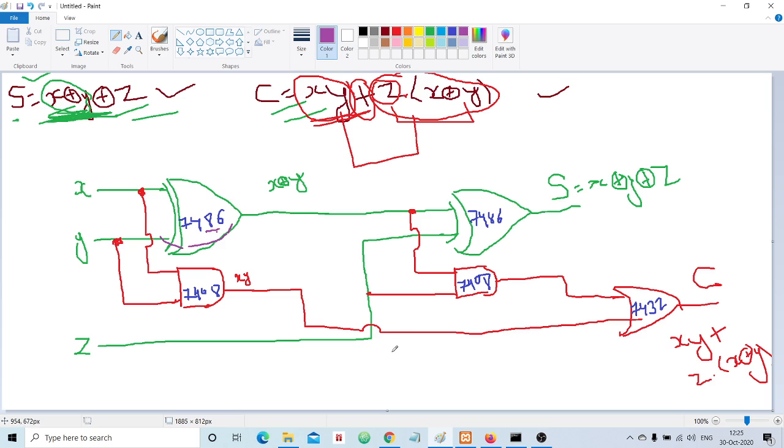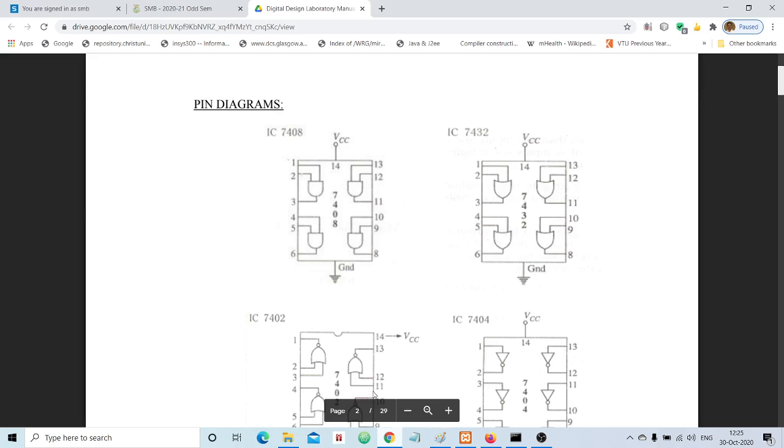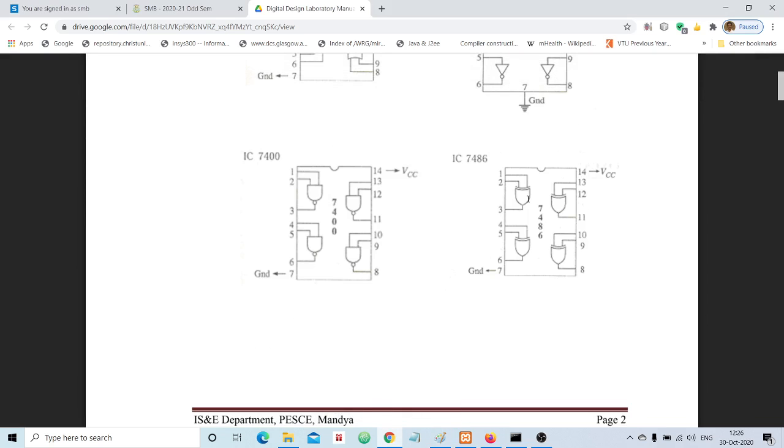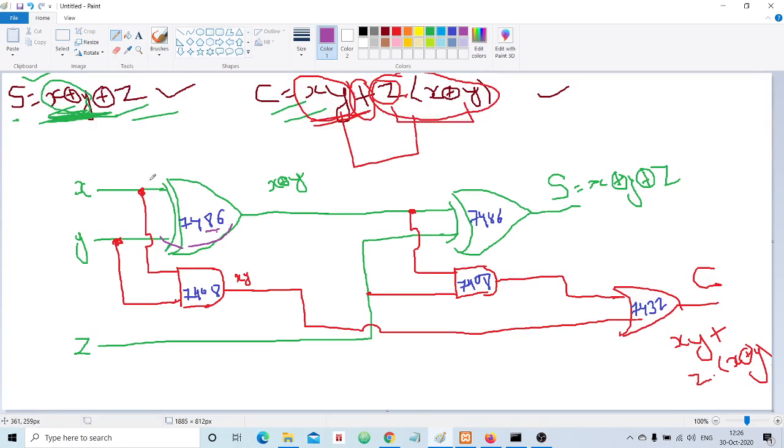7486. So to do that, go to the pin diagram of 7486 and see here. We shall follow this approach. First we shall use this, then second, then third one, fourth one, like this. So this is the first XOR gate, whose input pins are 1 and 2, and the output you will get at 3. So this will become 1, this will become 2, this will become 3.